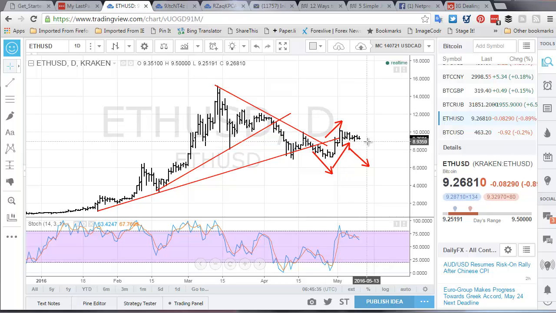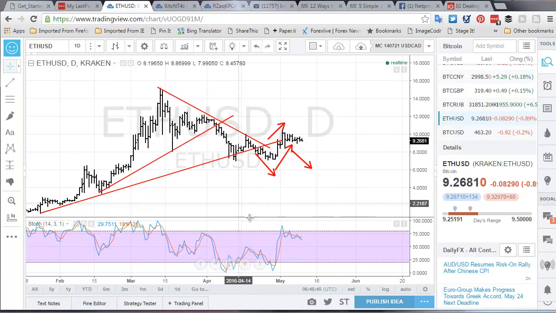It's absolutely impossible to tell where this is going to go next. My guess, especially looking at this stochastic indicator, is that it is going to do this. It may trend downwards before it decides whether it's going to do this or this.